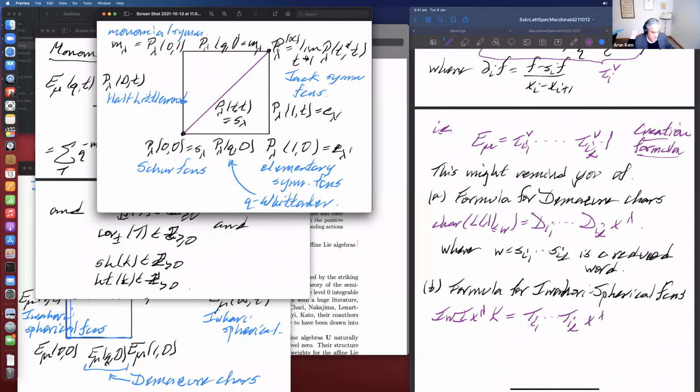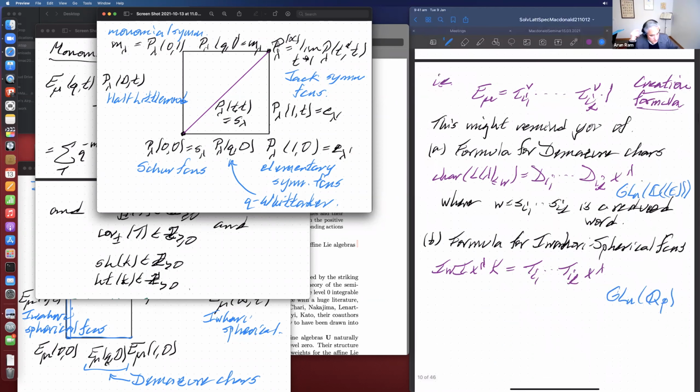All right, so very similar. This is in the world of GL_n over a p-adic field. And this is in the world of GL_n over this local field, C adjoint epsilon.